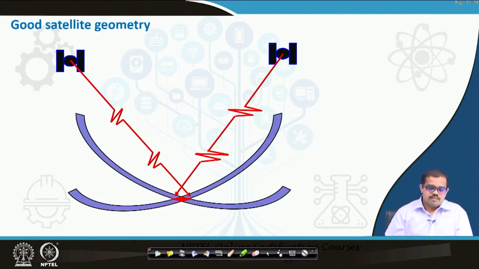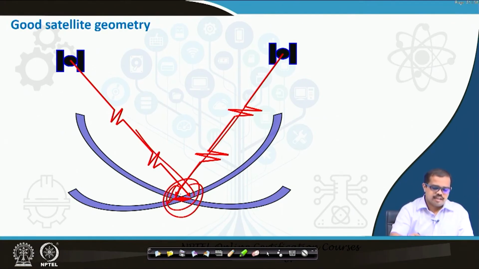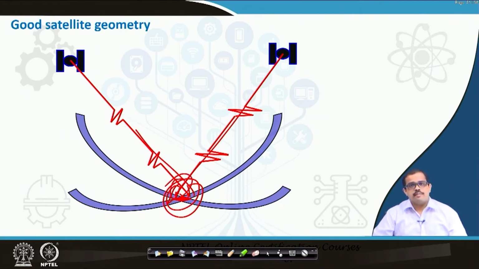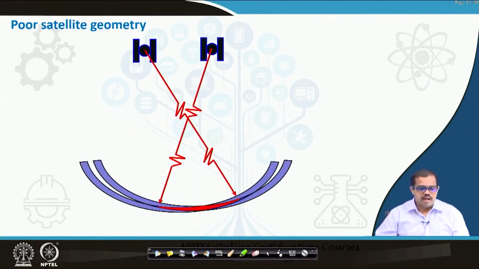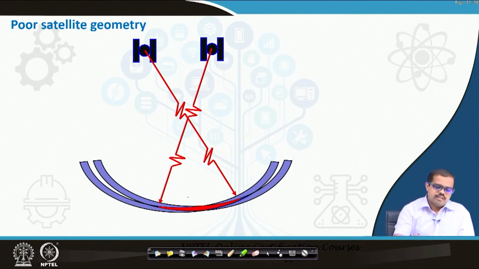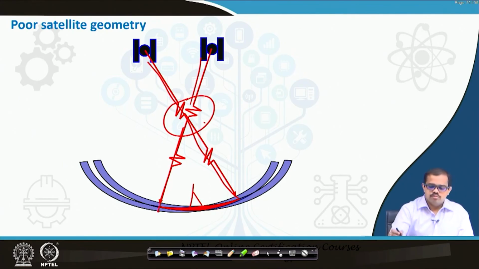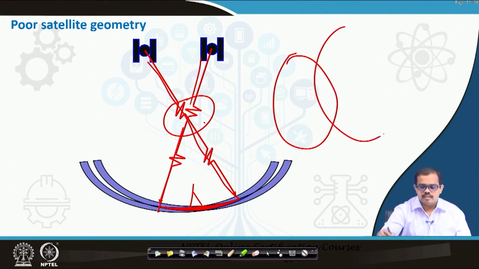To give an example of signal error, this is what it means. You have a satellite signal that is reaching, and this is a satellite, and they are crisscrossing each other, because of which error is induced into the system. So you have a poor satellite geometry even in terms of something like this, whether it is joining at a particular position or not. Now what happens when it is measuring a point? The two satellites measure this particular location, right?